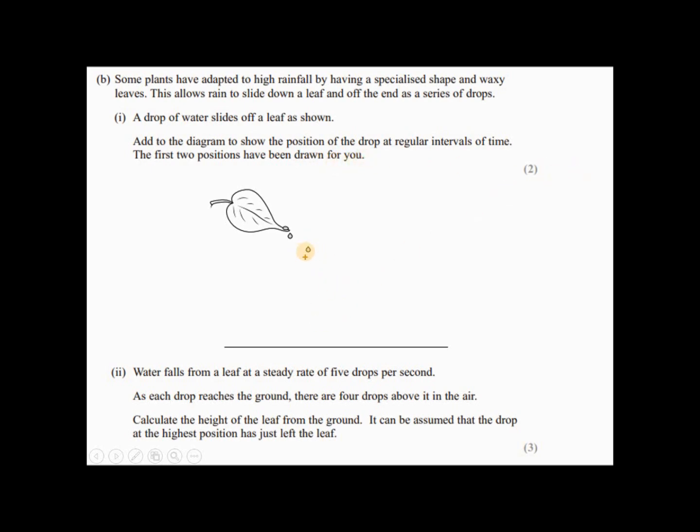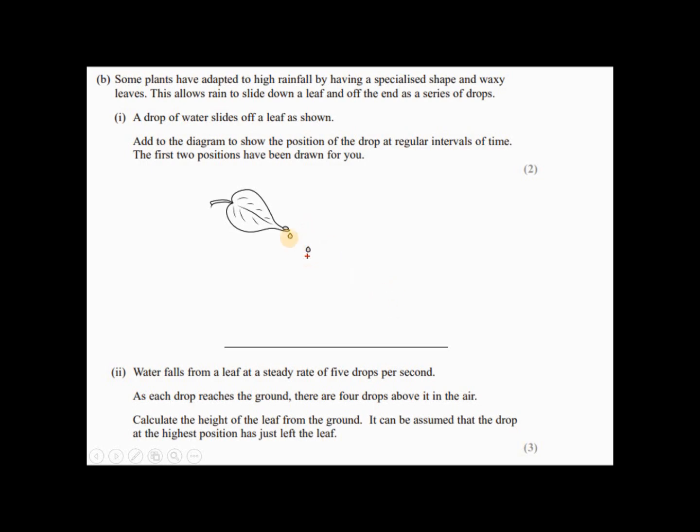So you need to draw the position of the drop, and it's a typical question of a projectile. When drops fall downward, due to increase in vertical velocity, vertical distance increases, but horizontal distance stays same.